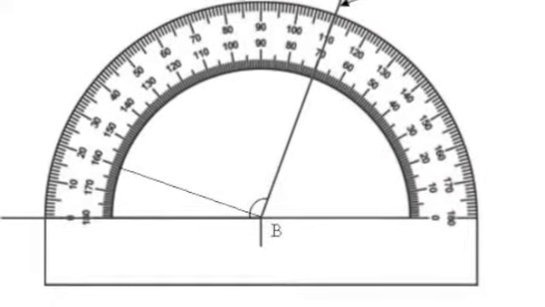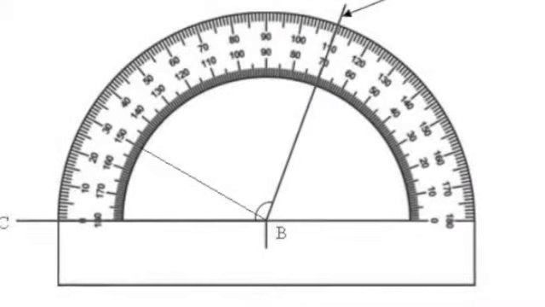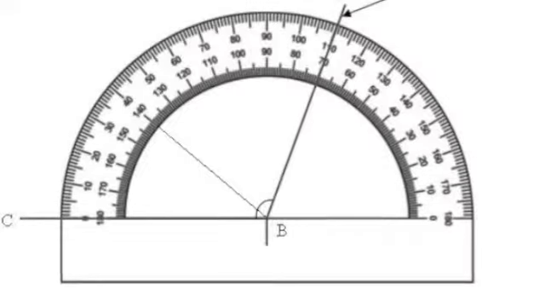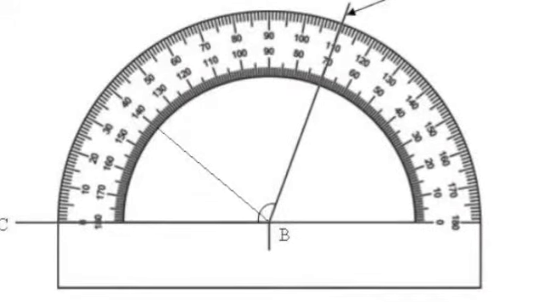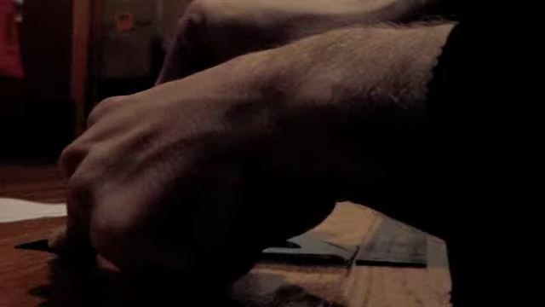What's going to happen is you're going to rotate this around to 20, to 30, to 40, to 50, etc. until you get all the way up to 90, which should be like that.